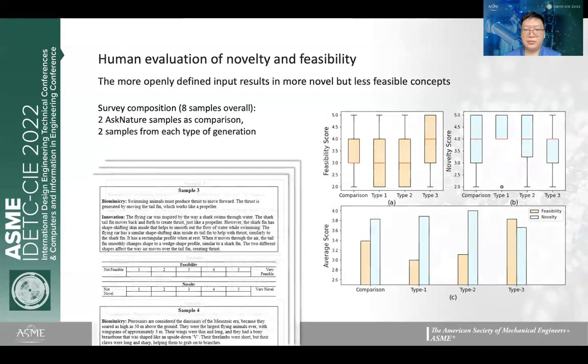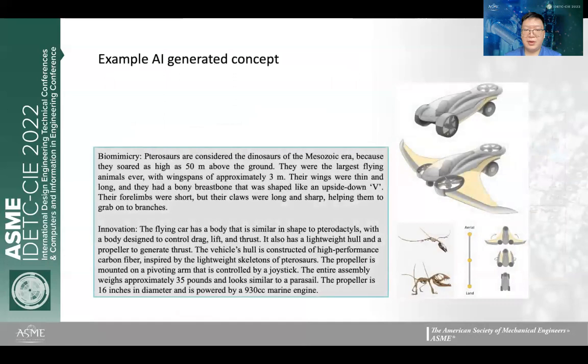Finally, here is an example flying car concept generated through our method, which takes pterosaurs' brains and skeletons as analogy. In addition, inspired by the results, we further took the folding mechanisms of pterosaur skeletons to design the foldable wings and wheels of the flying car.